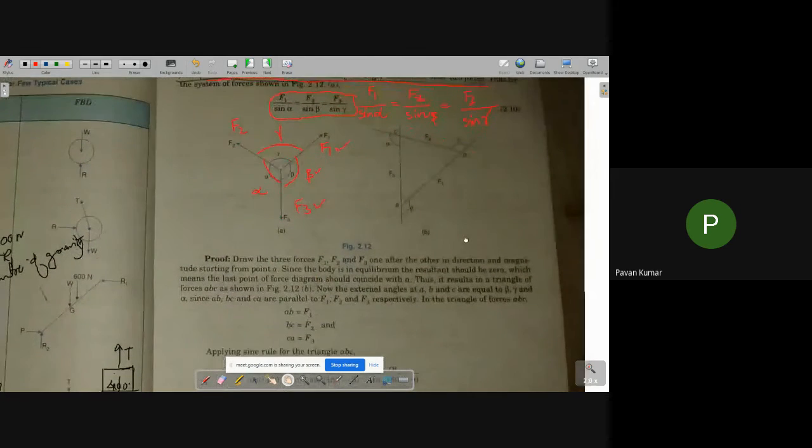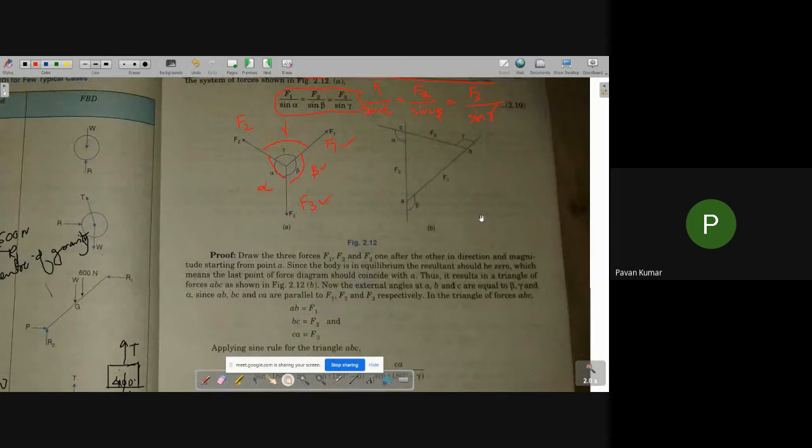Now there is a small proof. It is just maths. The proof says that we will draw the forces F1, F2, F3 according to their magnitude and direction. Suppose we take 1 centimeter equal to 1 Newton. If F1 is 10 Newton, then we will draw AB as 10 centimeter. If F2 is 5 Newton, then BC will be 5.